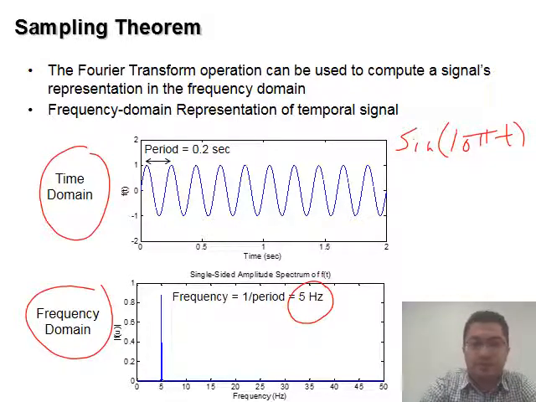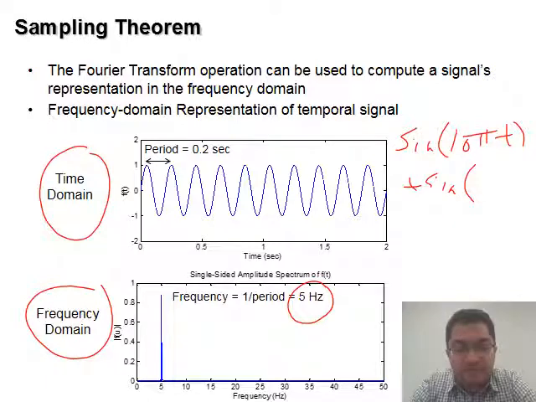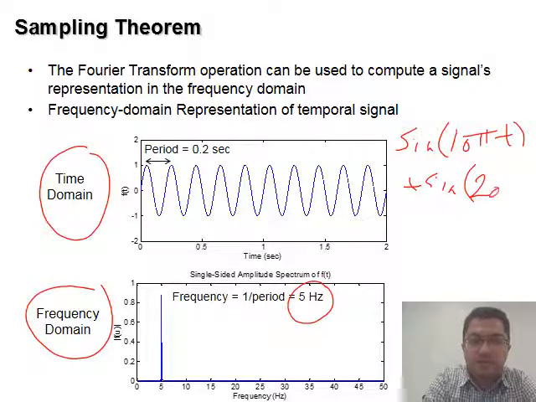Now what if in addition to sine of 10 pi t, we have plus another sine wave that has, let's make it a frequency of 10. So 2 pi ft would be 2 pi multiplied by 10, so we have 20 pi t.